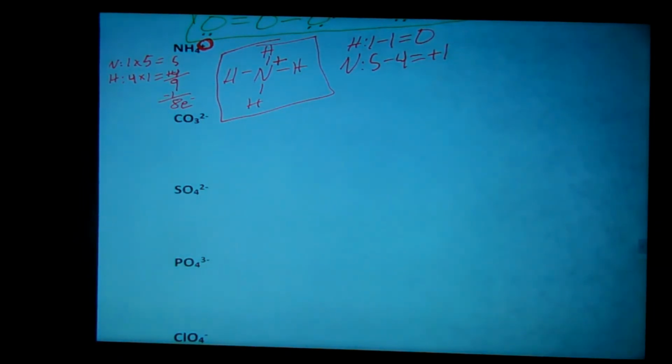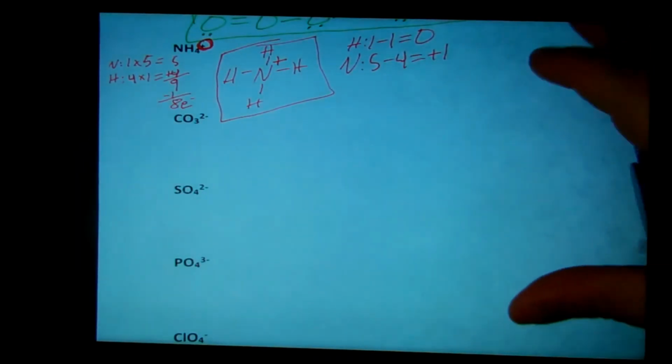Okay? On this next one, carbonate, I'm going to need all the room I can have for it. So on this, and I will say that. Alright, so let's look at this.